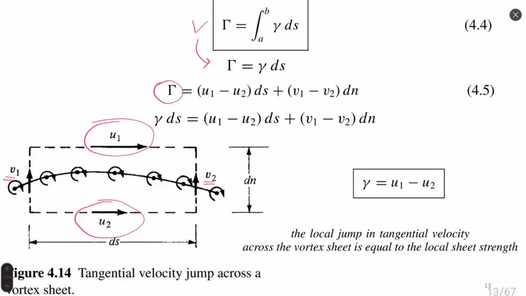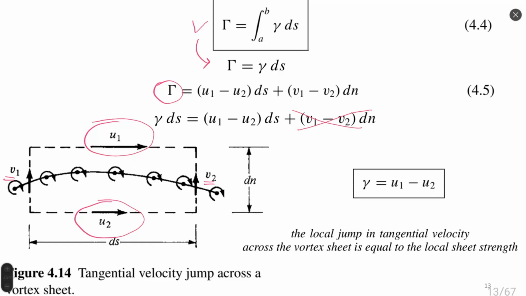Applying this definition of capital gamma calculation to our control volume, we can find the following formula here, and then we can simplify this formula according to the idea that in the vertical direction V1 and V2 would be negligibly small with respect to the horizontal velocity values, so they are excluded.